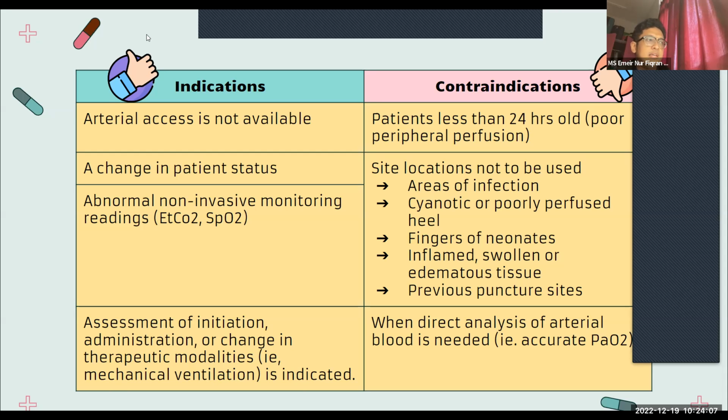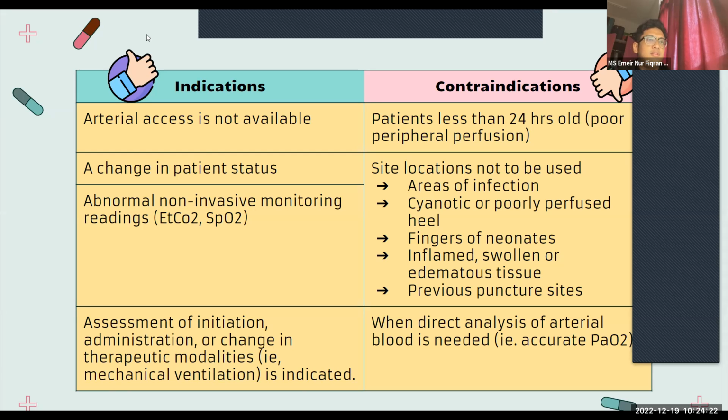Next are the contraindications of capillary blood gas sampling. Firstly, it is contraindicated in patients less than 24 hours old, where the patient usually has poor peripheral perfusion.